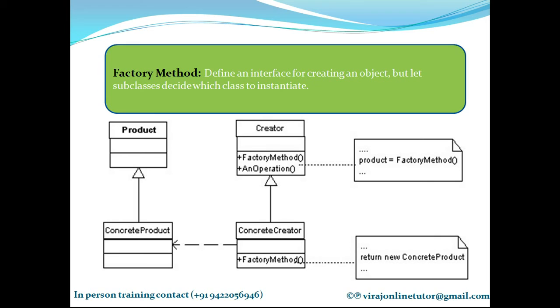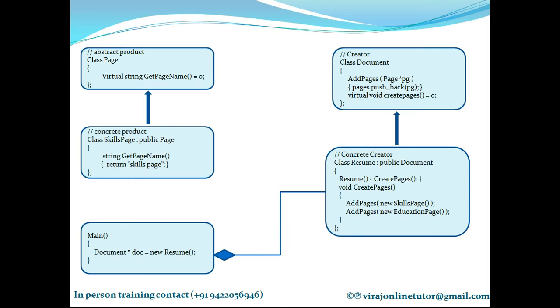Now I am going to explain one code example of this factory method implementation. So this is the code. What exactly do I have here? I have an abstract product, which is a placeholder for a generic product, not an actual product.